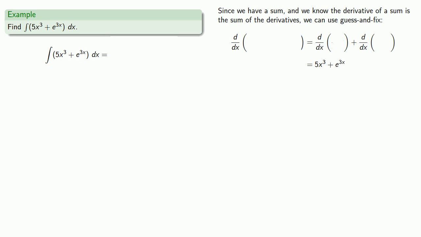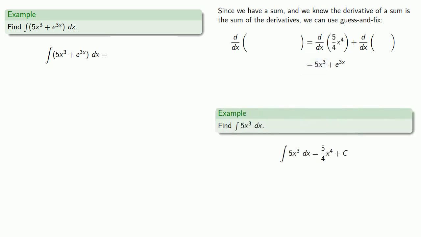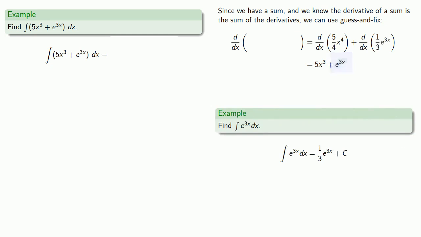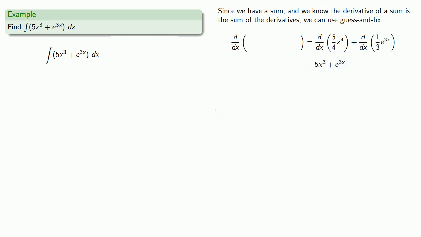So we need to find something whose derivative is 5x cubed, which we already did, and we need to find something whose derivative is e to the 3x, which we already did. Now, note that we didn't include the constants. What we can do is lump all of those constants together into a single constant right here at the beginning.